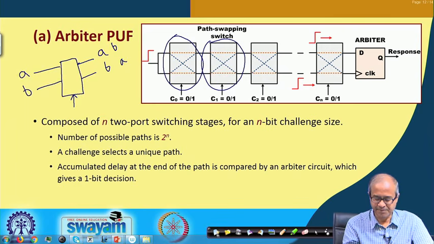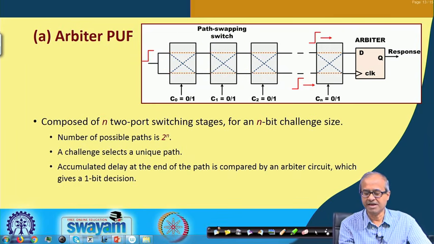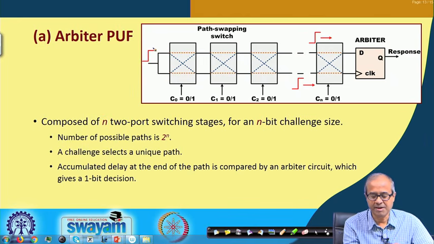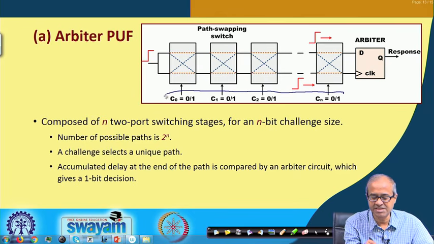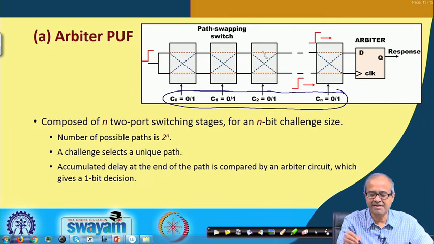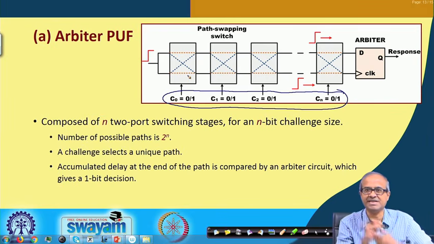Right. Okay. Now, here what is happening? You see, at the input we are applying a pulse, let us say 0 to 1 we are applying, and this control signal combination, this is our challenge. We are applying some random bit pattern as a challenge, 0 1 1 0 1 0 1 1 something. So, depending on that, some random path is getting selected, some of them are going straight, some of them are getting exchanged.